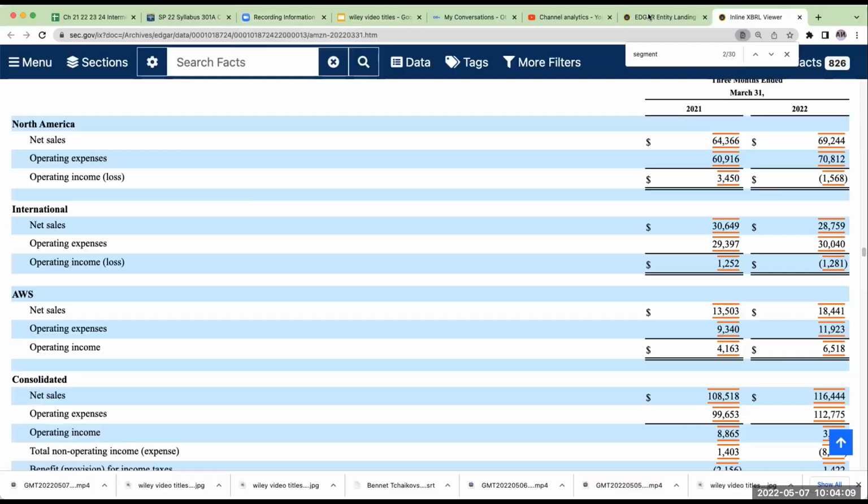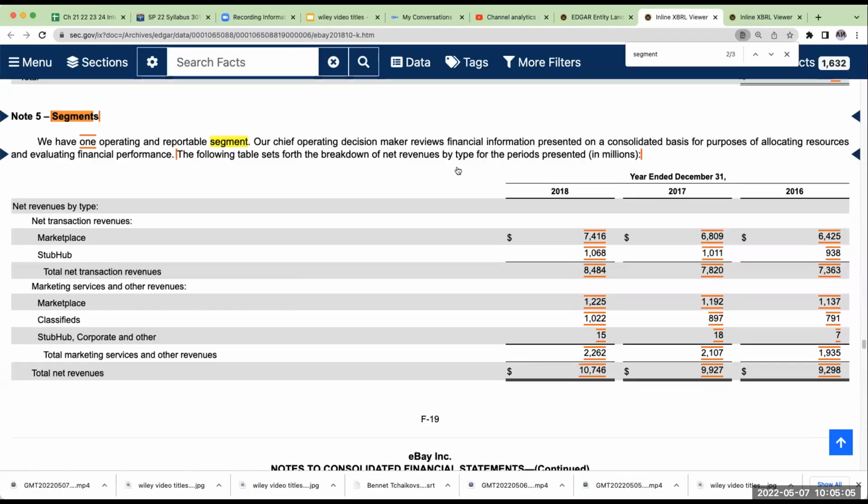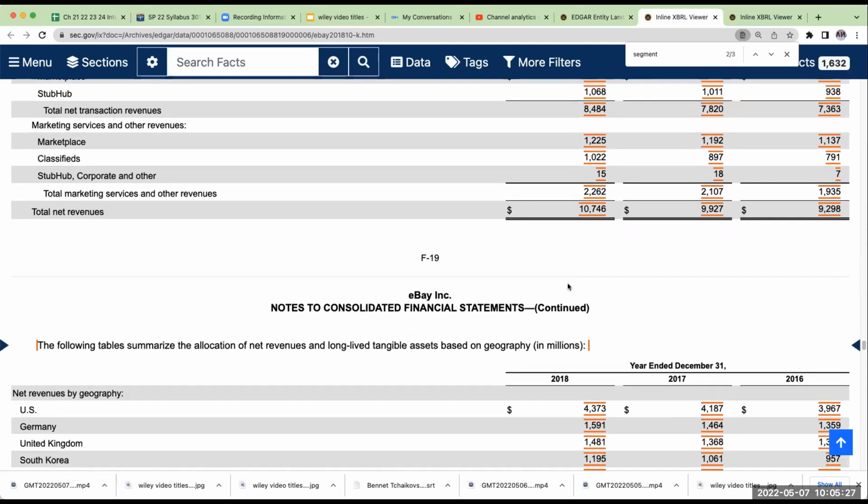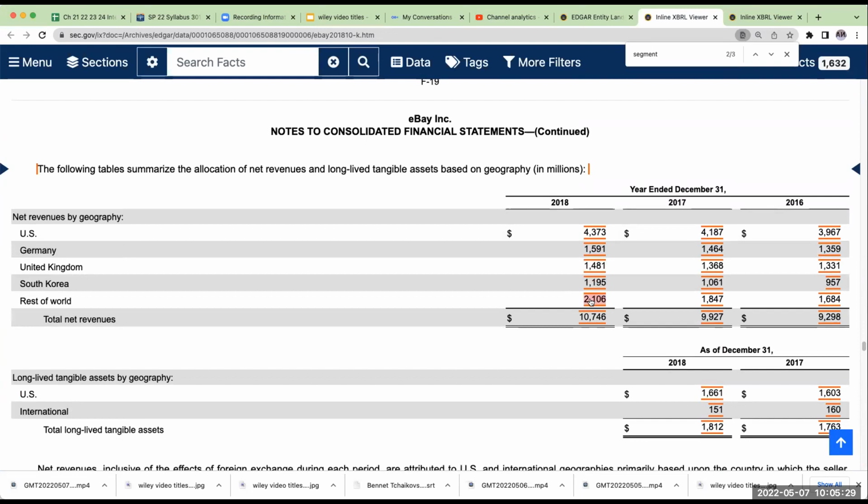Now let me just pause real quick. Here this is eBay. This is a slightly earlier disclosure, but they have one operating and reportable segment. They are still breaking this down in terms of revenue from eBay Marketplace and from StubHub, and also by geography.